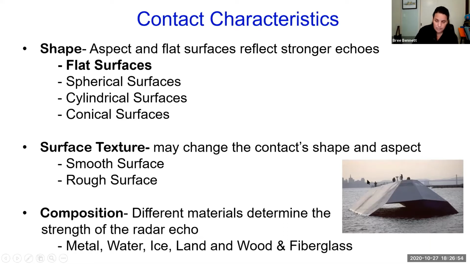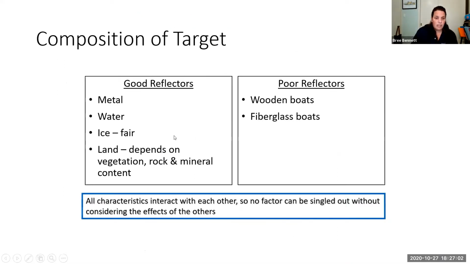I don't know, I've never seen one in real life. I think it's also got a carbon fiber composite, so it absorbs rather than reflects. Does that make sense? Yes.